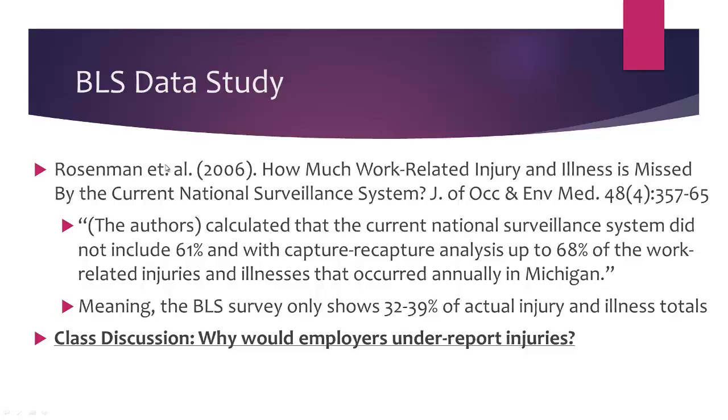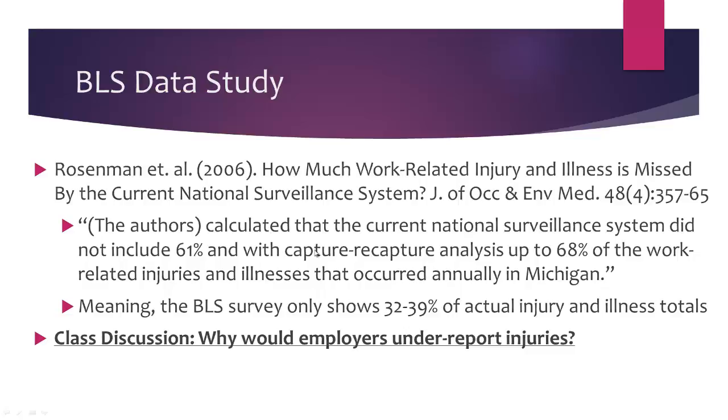There's a paper that I could get you, but it is long, by Rosenman, published in 2006. They compared the Bureau of Labor Statistics data, the current national surveillance data, to the state of Michigan data.